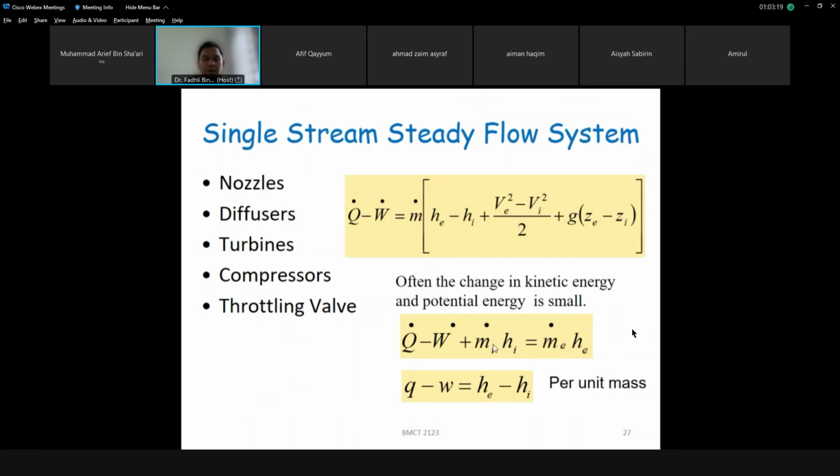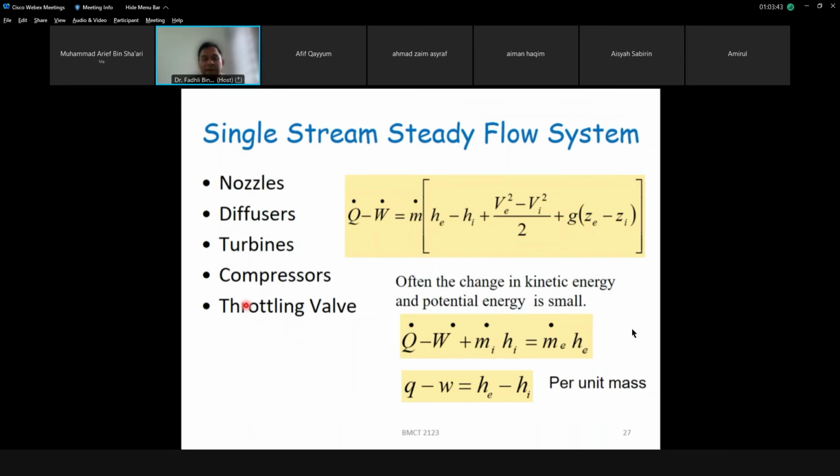So from our energy balance equation, we can simplify it based on the devices. That's what we did in tutorial. Saya terangkan dalam tutorial. We can cancel some of the properties based on the problem given, as well as based on the devices.